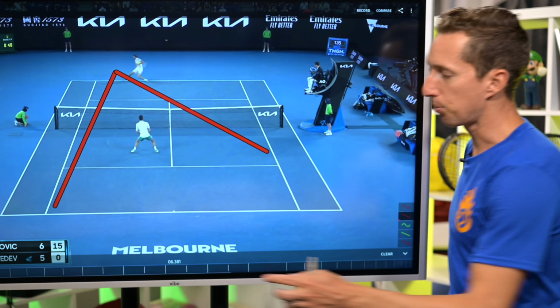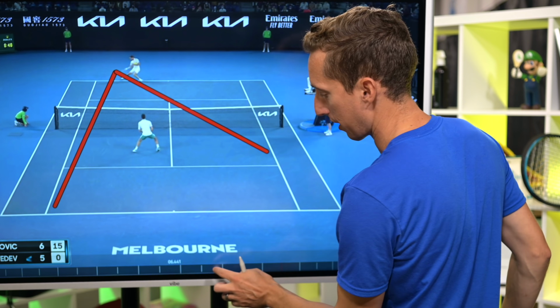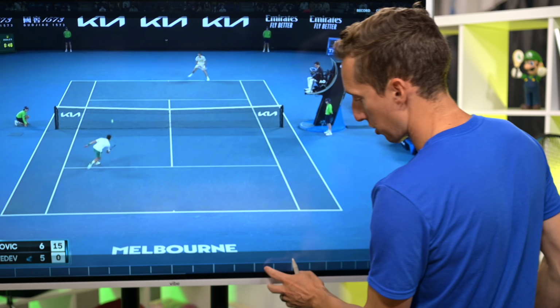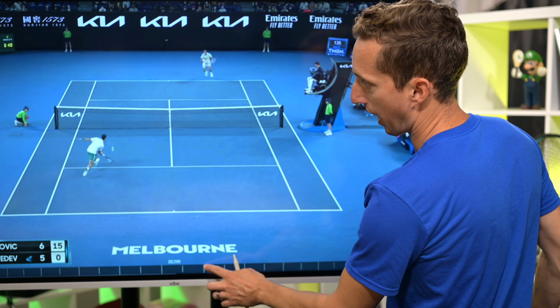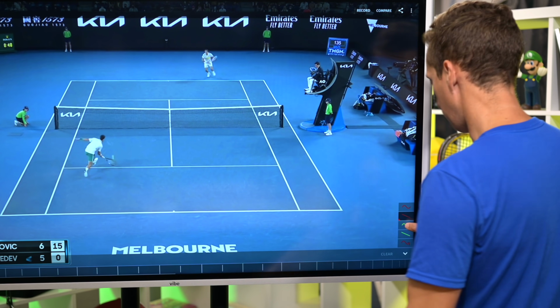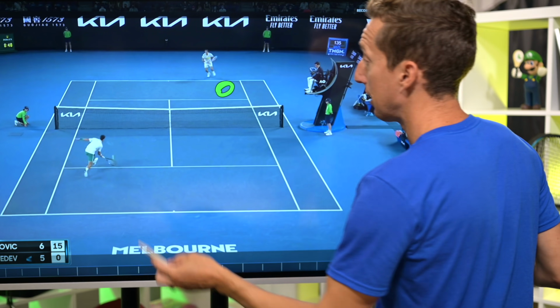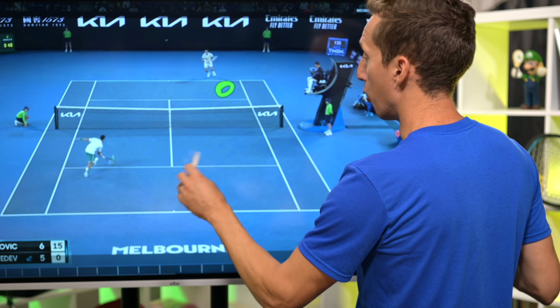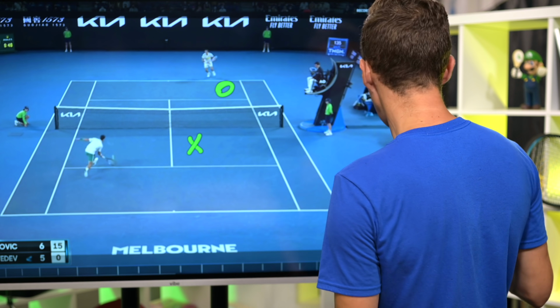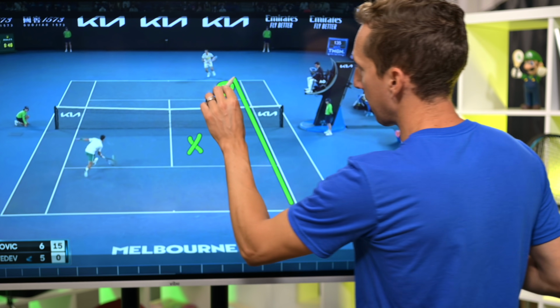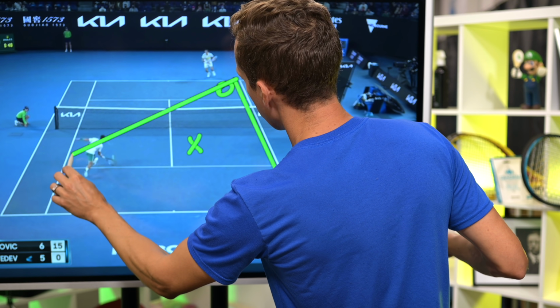So let's back this up a little bit and go one step deeper. When Novak hit this shot, let's just say hypothetically that he targeted over here instead. Well, now to get to the correct spot, he needs to make his way over to this side of the court, because when Medvedev hypothetically would try to pass here, he'd have that angle. If he would try to hit an angle, he would have this angle.